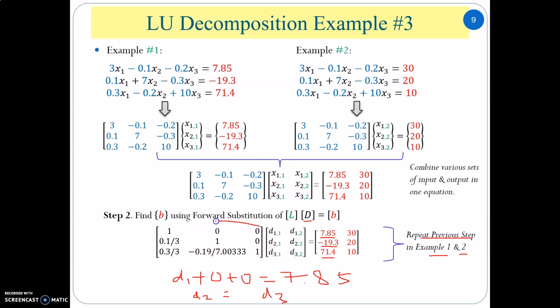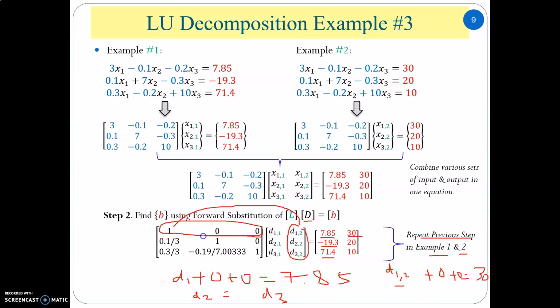You can continue with the first row, multiply with the second column. Let's say you multiply D1, 2, multiply with the 1, you get this, plus 0 plus 0 equal to 30. Therefore, your D12 is 30.